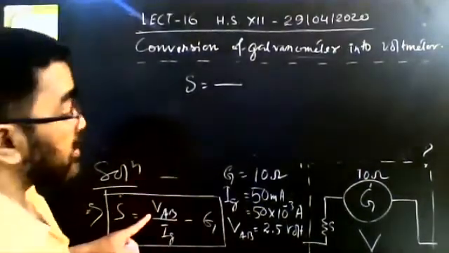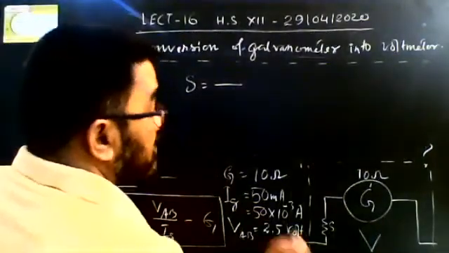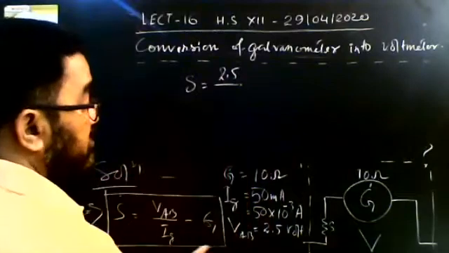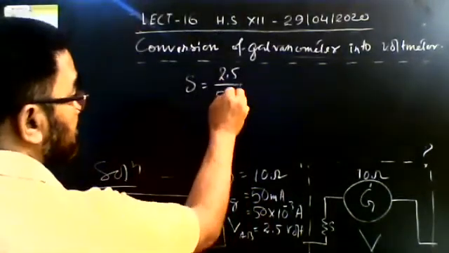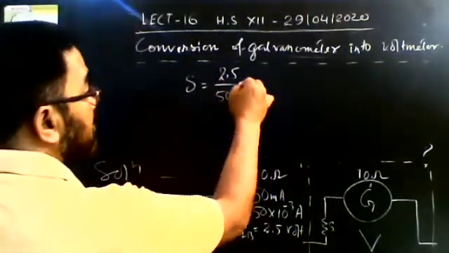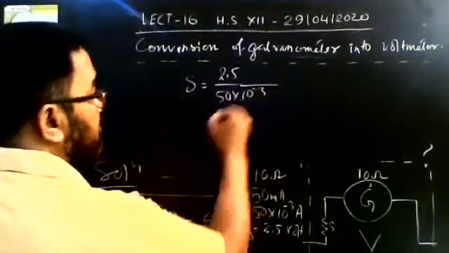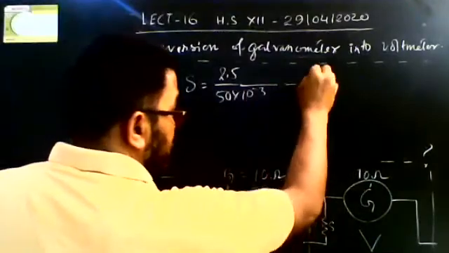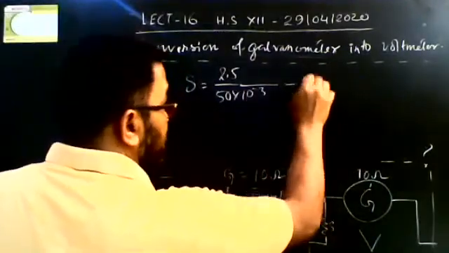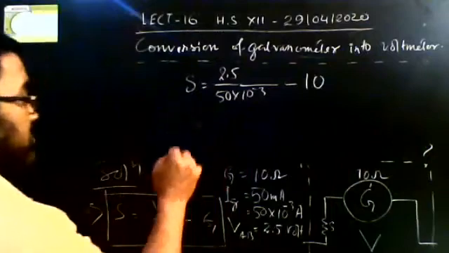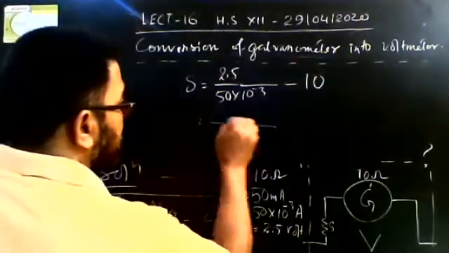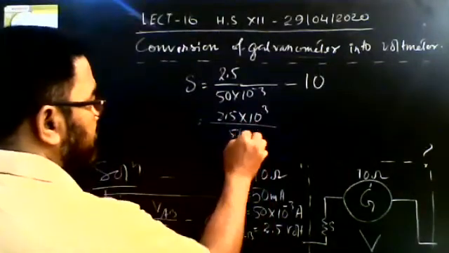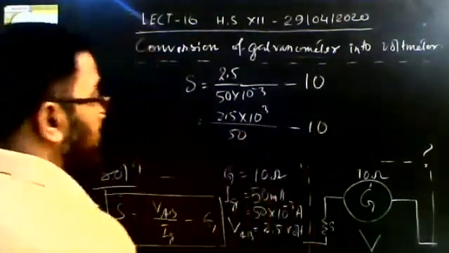You just put the value of VAB. VAB is equal to 2.5 volt, IG is equal to 50 into 10 to the power minus 3, and Z is equal to 10. So very simple calculation: 2.5 into 10 to the power 3 over 50 minus 10.